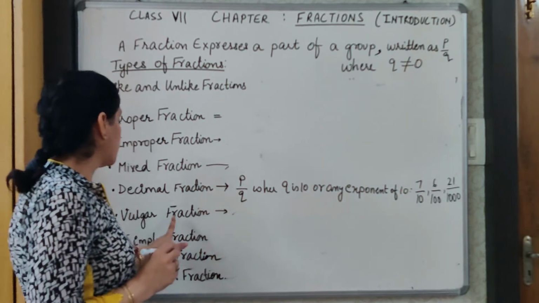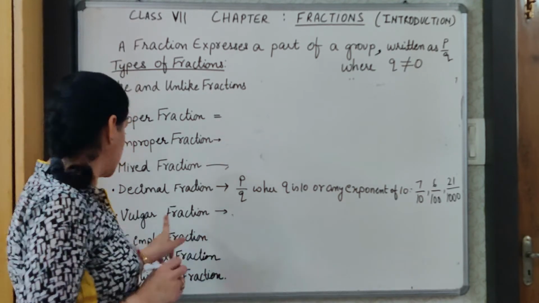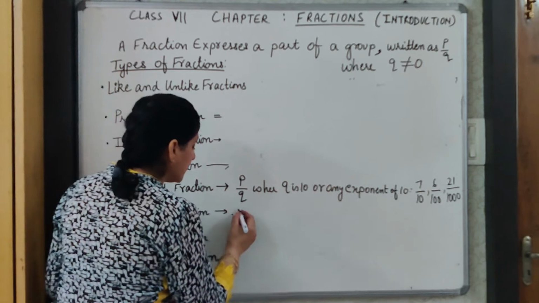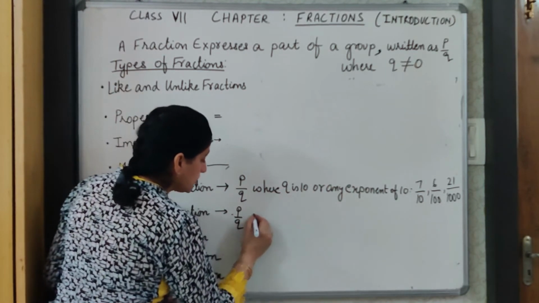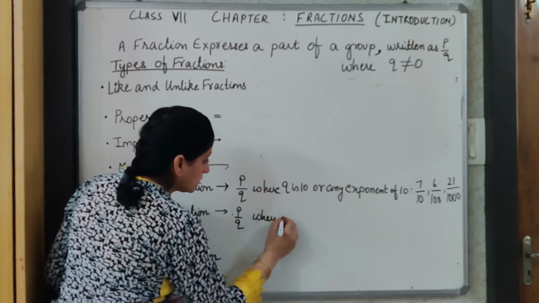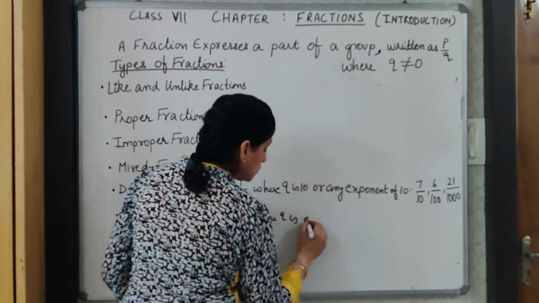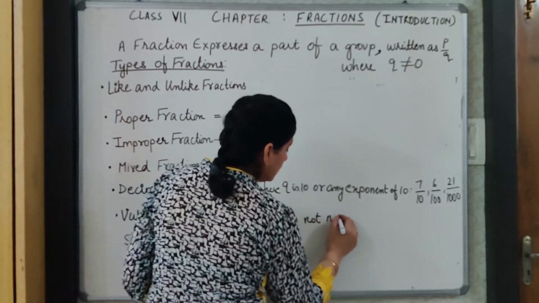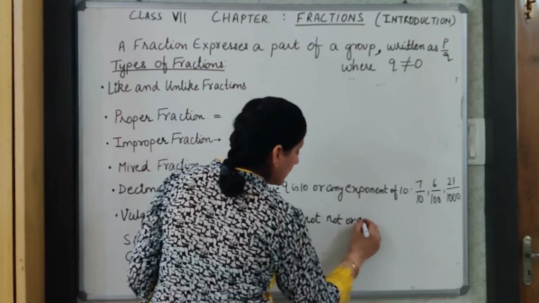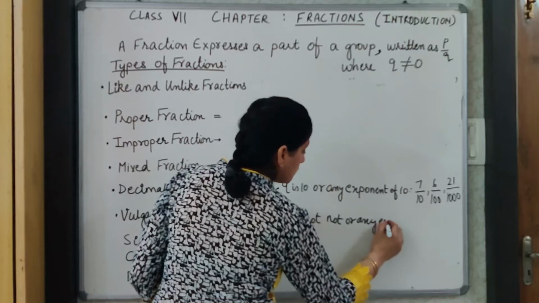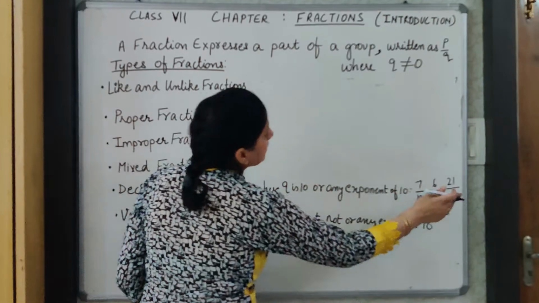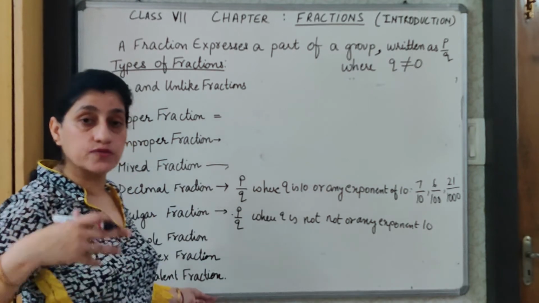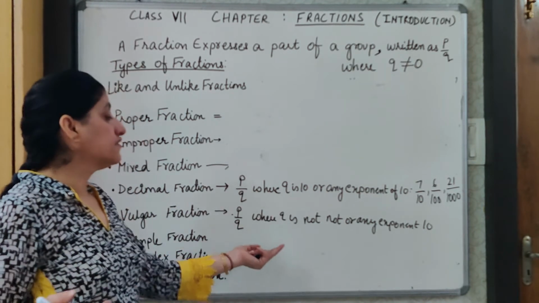Then we move on to the vulgar fractions. The next one is vulgar fractions, where it is expressed in the form of P upon Q, but here Q is not 10 or any exponent of 10. Or we can say any fraction which is not a decimal fraction is a vulgar fraction.